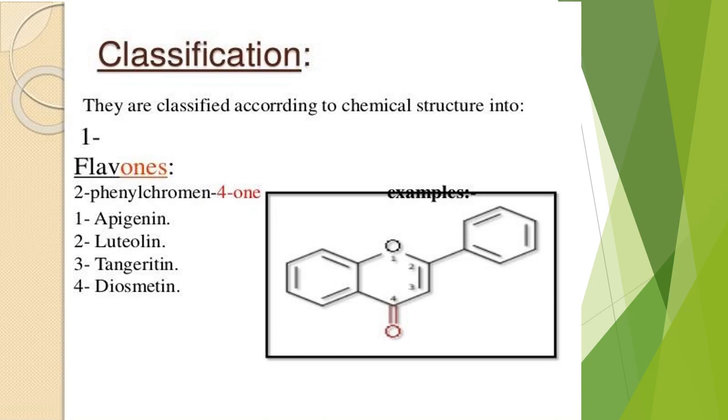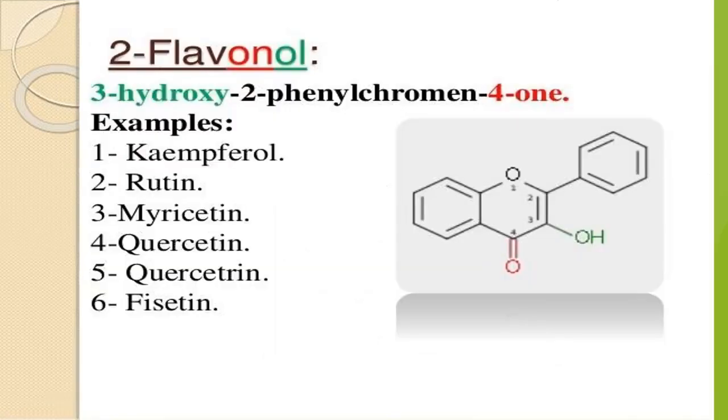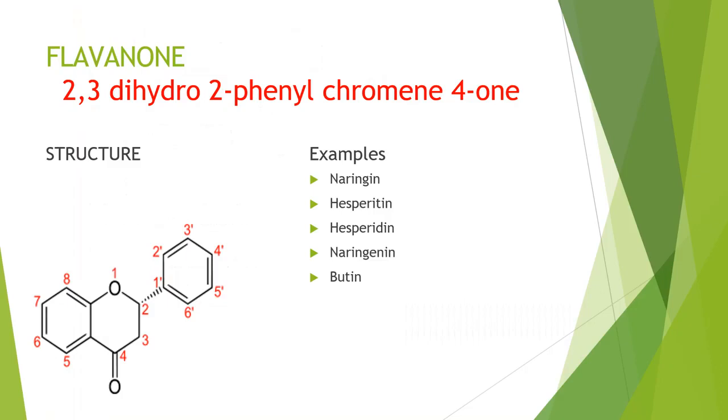Number 1, flavones, 2-phenylchromen-4-one. Examples: apigenin, luteolin, tangeritin, diosmetin. Then flavonols, 3-hydroxy-2-phenylchromen-4-one. Examples: kaempferol, rutin, myricetin, quercetin, and fisetin. So this is the basic structure given.